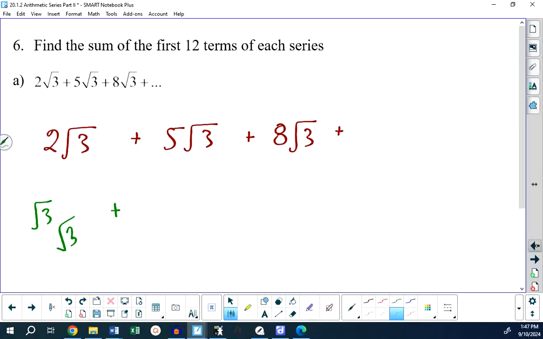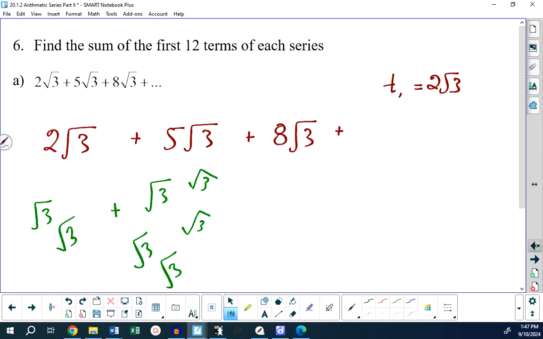And then the next term has that floating around. That's when we say 5 root 3, we mean 5 root 3's. And this, by the way, is something you would have been taught last year in Math 10. So, I hope it's obvious here that the first term is 2 root 3, right?